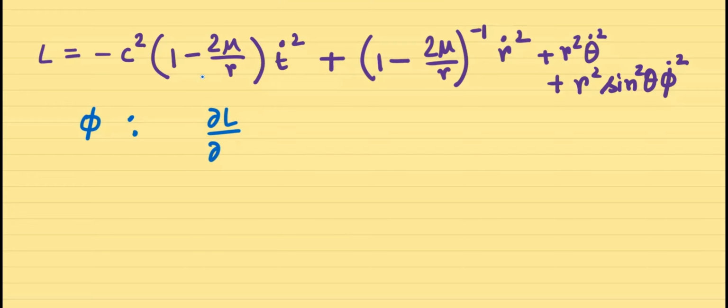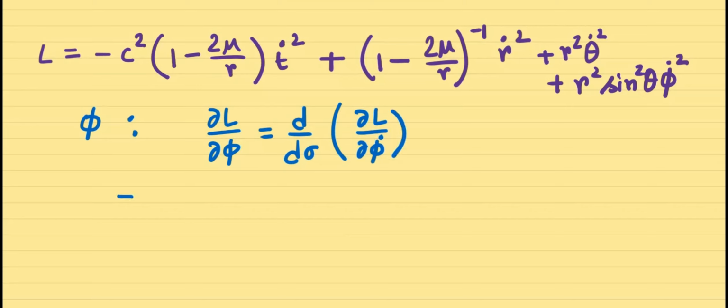So as before, the Euler-Lagrange equation with respect to phi is given by this equation here, where we have the partial derivative of the Lagrangian with respect to phi, and then the total derivative with respect to the parameter on the right hand side, acting on, again, the partial derivative of the Lagrangian with respect to phi dot. None of these coefficients depend explicitly on phi.